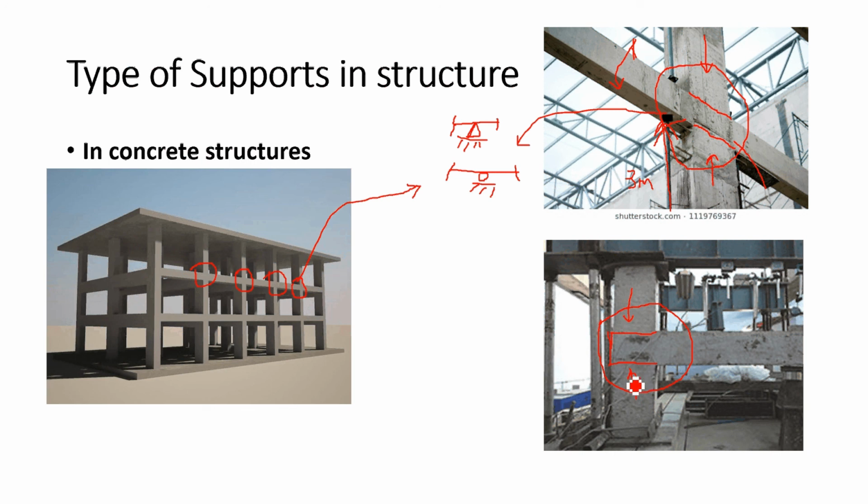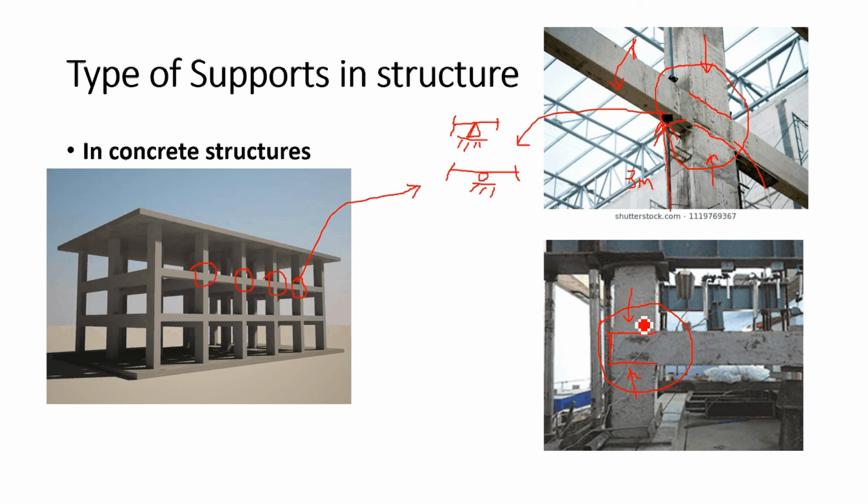What kind of support can you consider here? There are many arguments going on. Can you take it as a simple support? Simple support means, as we discussed in the simply supported beam, pin and roller. These two supports we call simple supports.